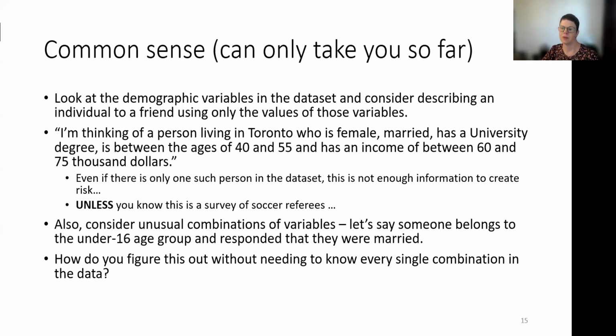Because variables on their own may look not risky, and then you combine them and you find they're risky. Another example I have seen is ethnic group on its own. Lots of people belong to all the groups. Religion on its own. Lots of people belong to all the groups. But usually people from this ethnic group don't belong to that religion, because that's just not a common association, but it does happen.